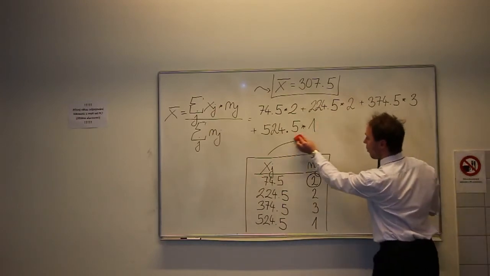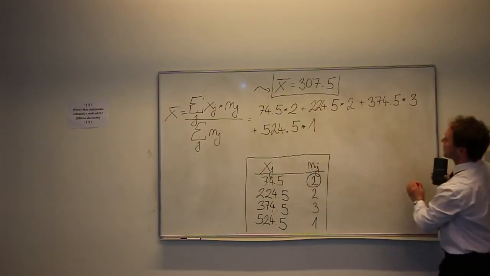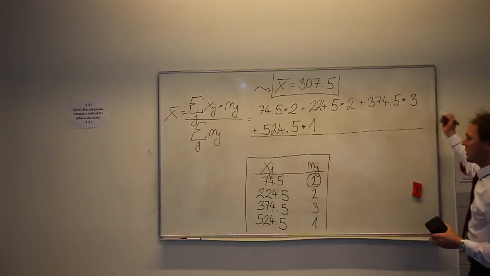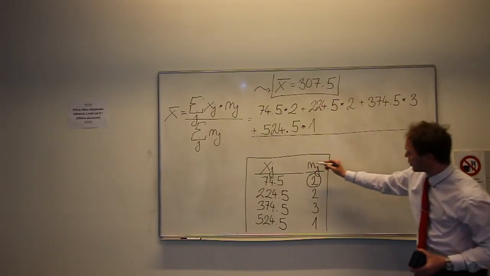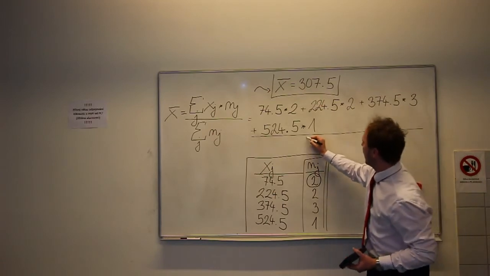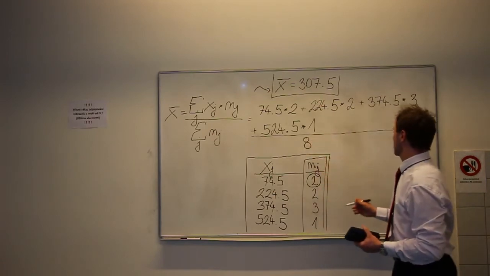Yes, so all of this is the nominator. And this is divided by the denominator, the summation of nj, so our 8 prisoners, yes?